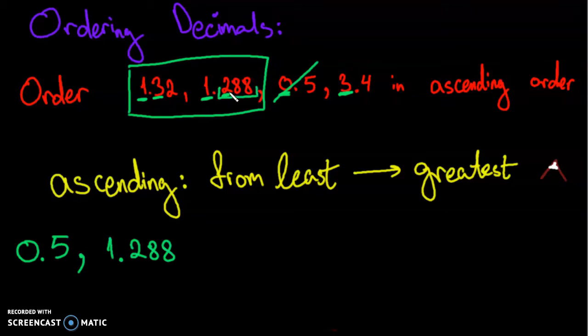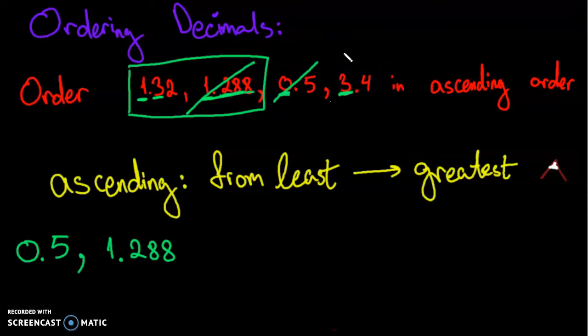So we take 1.288. Doesn't matter that this has 3 digits and this has 2 digits. For decimals, that doesn't matter. We look at this number. 3 is bigger than 2, so this number is smaller. We go on. We have this number and this number.